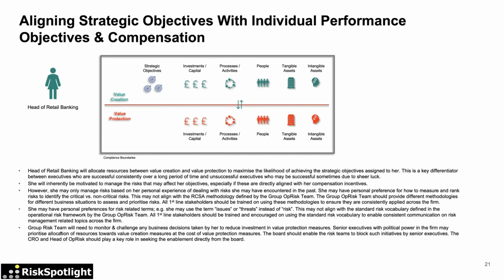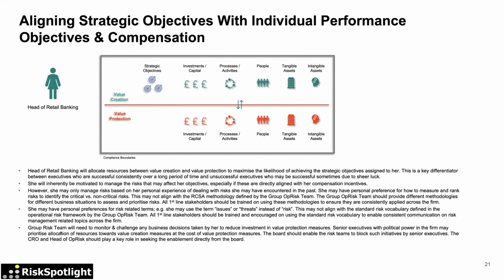And that's where the second line team needs to watch out for gaming which may happen. If they're not able to do that, then internal audit should certainly be looking at whether there are some heads of businesses who are trying to game the system by maximizing the investment on value creation and compromising, so they can get their annual bonus and then go to some other organization.